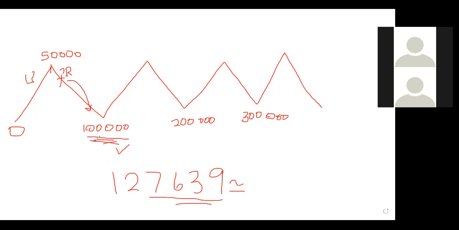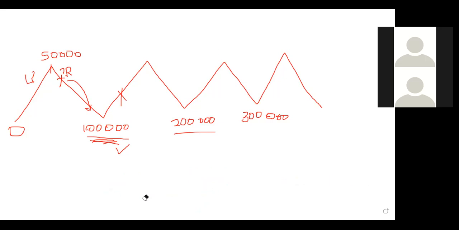So for me, it's either 100,000 or 200,000. You are at 127,000, somewhere here. Where will I go, guys? Where did you get 10,000, Rajavin? Mistaken. 100,000. Got it? Good. Let's do more.